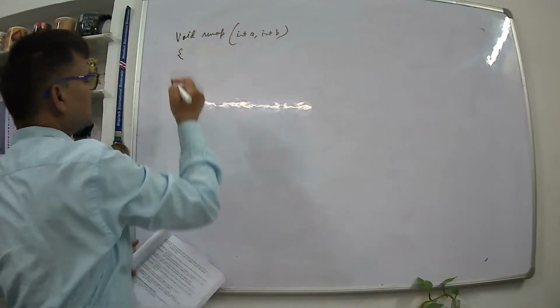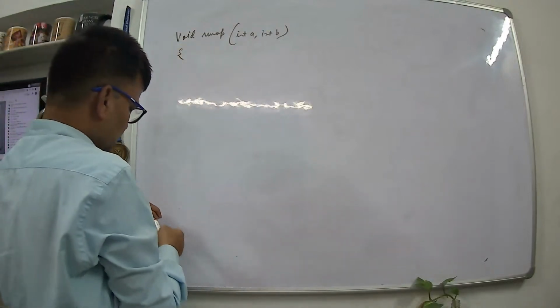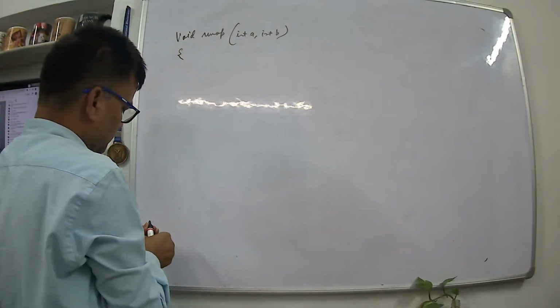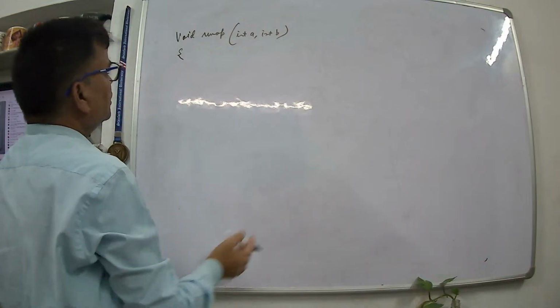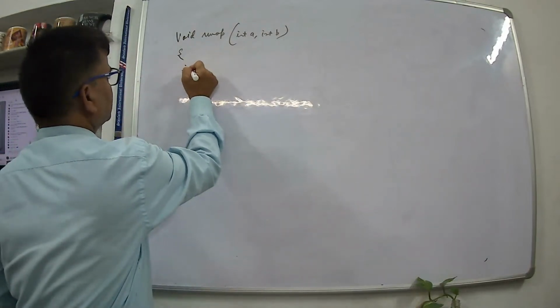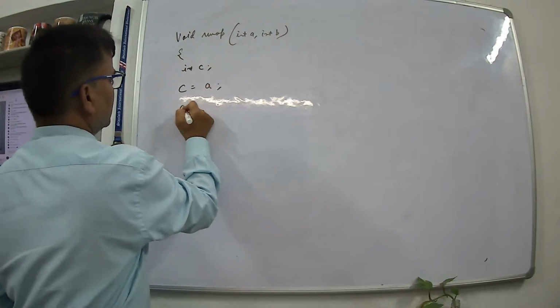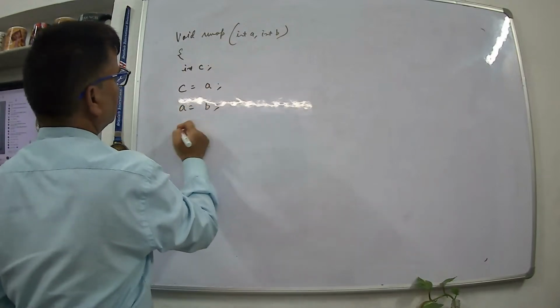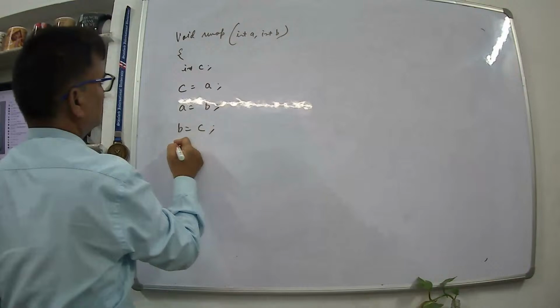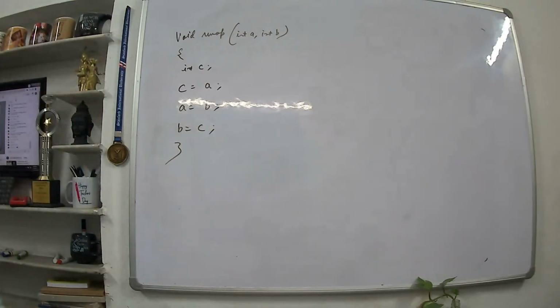Now in this case, you are asked to exchange the values of the two numbers, right? What we can do: int c equal to a, a equal to b, and b equal to c. This is one way in which I have exchanged the values of the two variables.